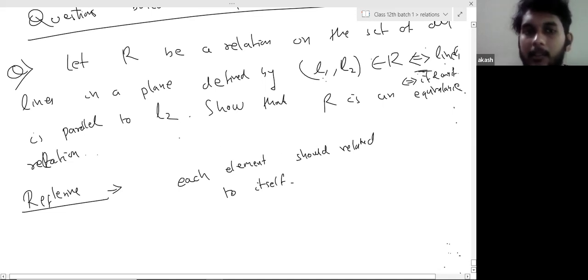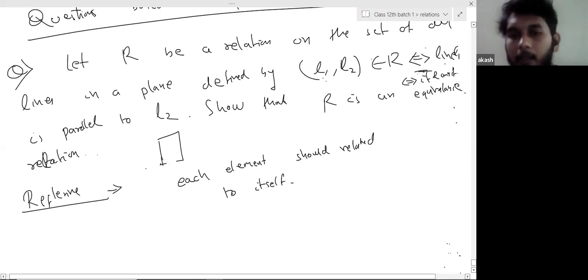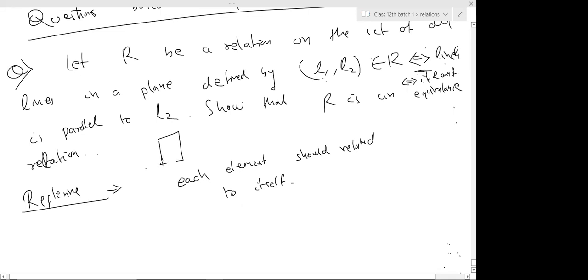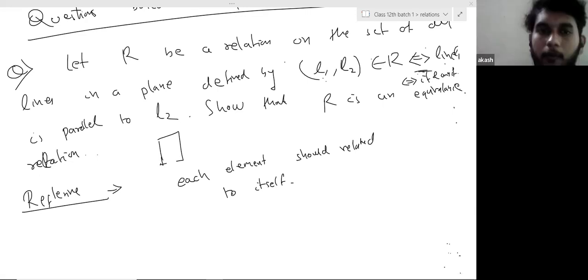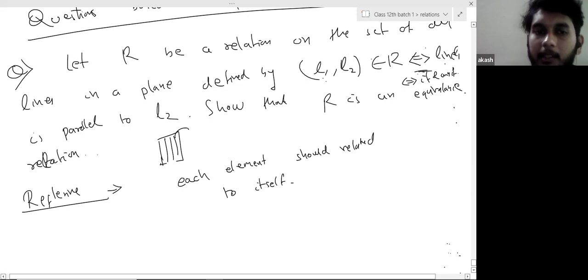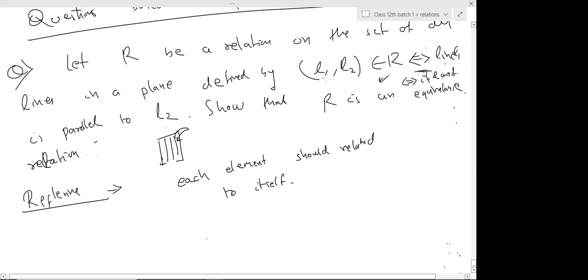Here the set is all the lines in a plane. How many lines are there in a single plane? Infinite. So we have to prove for infinite lines that each line will be related to itself by this relation. And what is the relation? That one line should be parallel to another line. Is this clear now? Yes, sir.